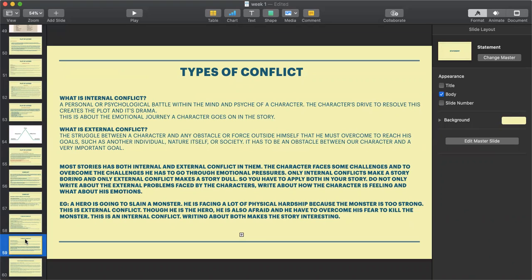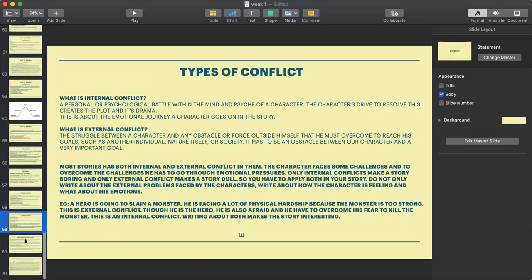So you're talking about the internal conflict. So when you are talking about internal conflict, you have to talk about external conflict. When you're talking about external conflict, you have to talk about internal conflict. Both are closely related and joined with each other.